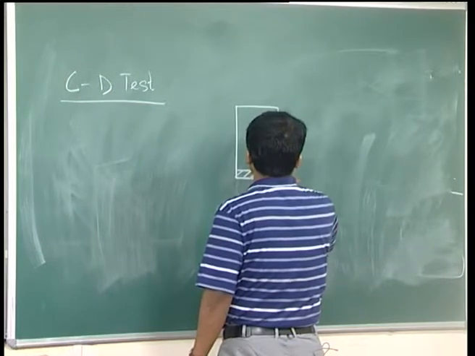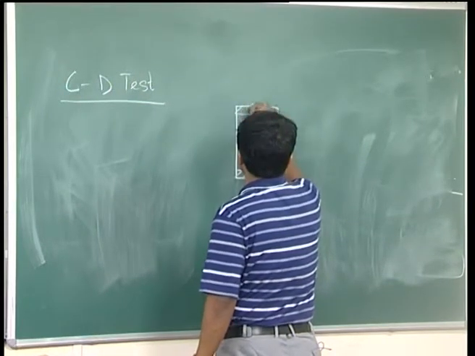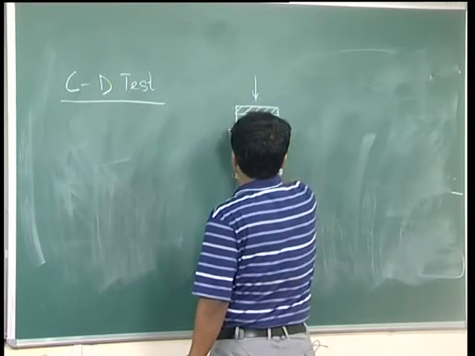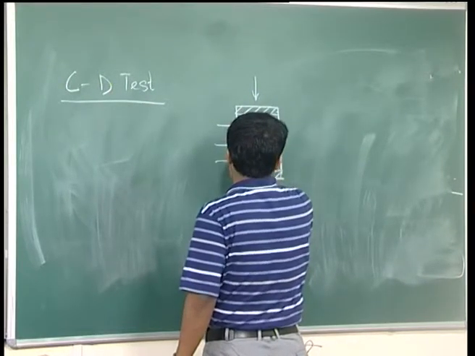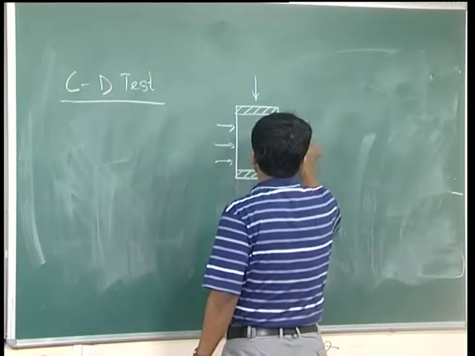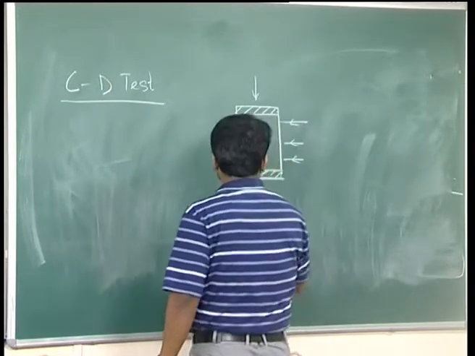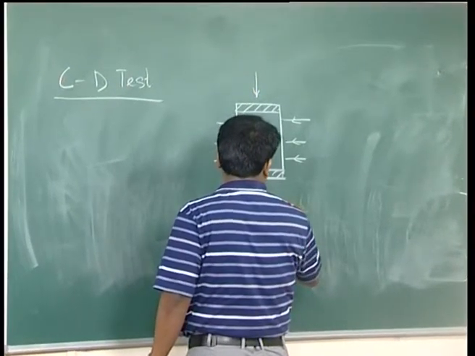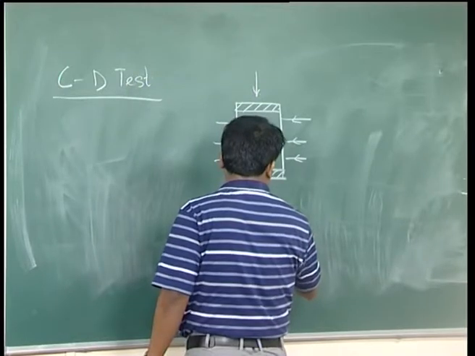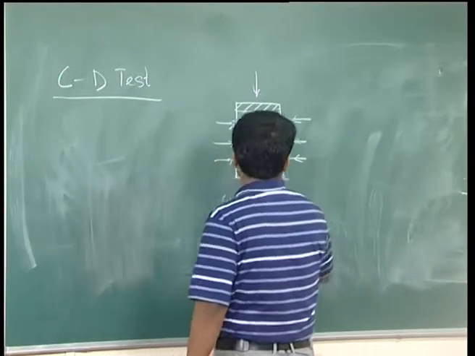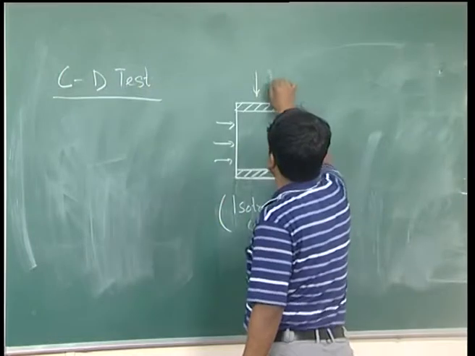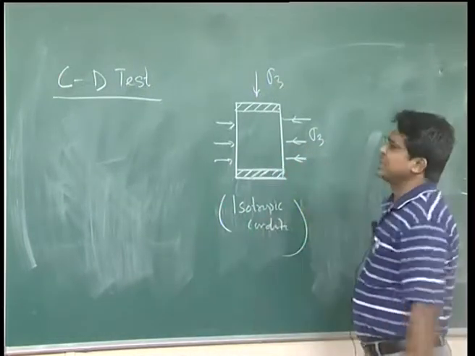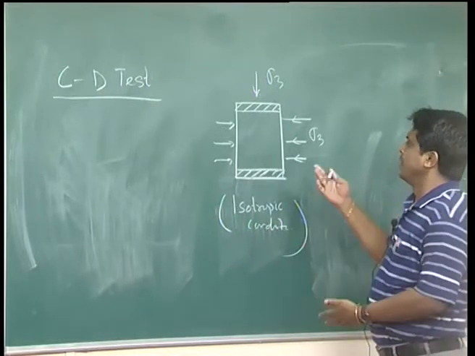as I said earlier, for CU test there are two types of consolidation. You can say isotropic condition, where all round pressure is constant, that is your sigma 3, and with all round pressure this consolidation is going to happen.